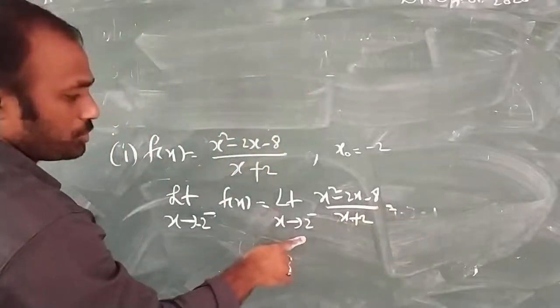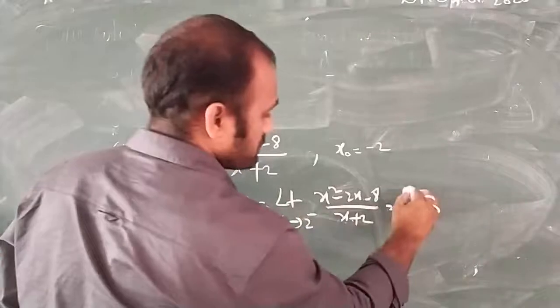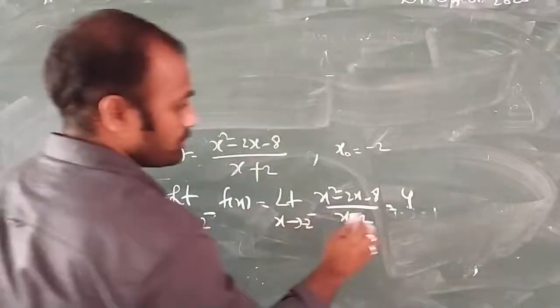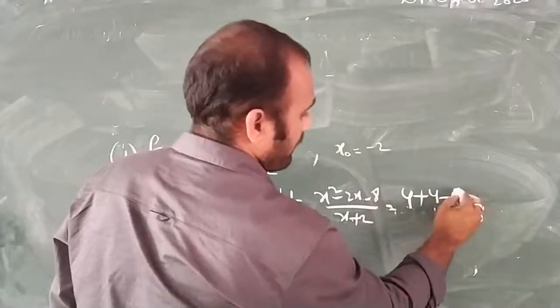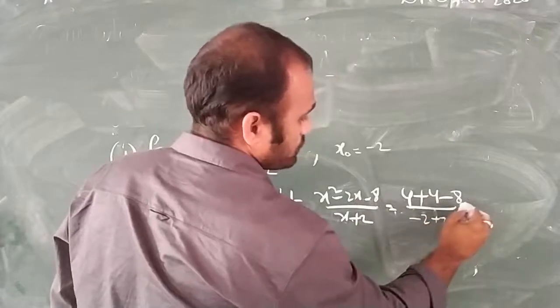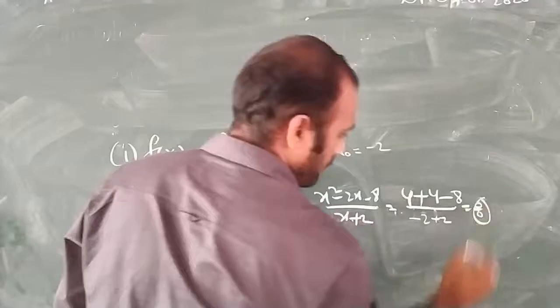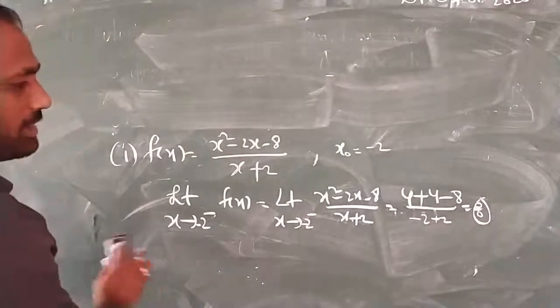If I substitute the value, we are going to get minus 2 square which is 4, plus 4, minus 8, divided by minus 2 plus 2. So totally we are getting 0 by 0, which is an undefined form.